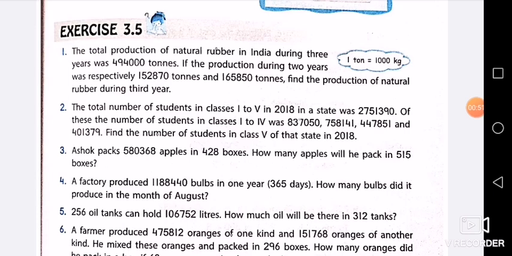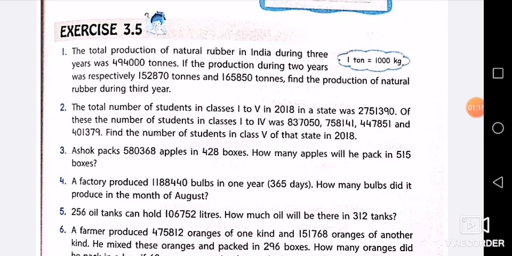Now question number 4 is, as I told you earlier, in these questions you are going to use more than one, meaning 2 operations in one question, from your 4 fundamental basic operations.